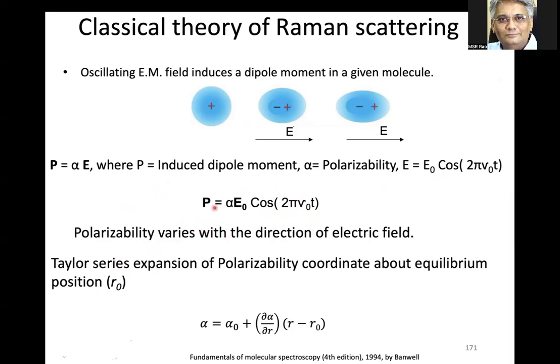The polarizability varies with the direction of the electric field. You know this. The Taylor series expansion of polarizability about the equilibrium position is given by this relation, alpha is equal to alpha naught plus dou alpha by dou r times (r minus r naught).